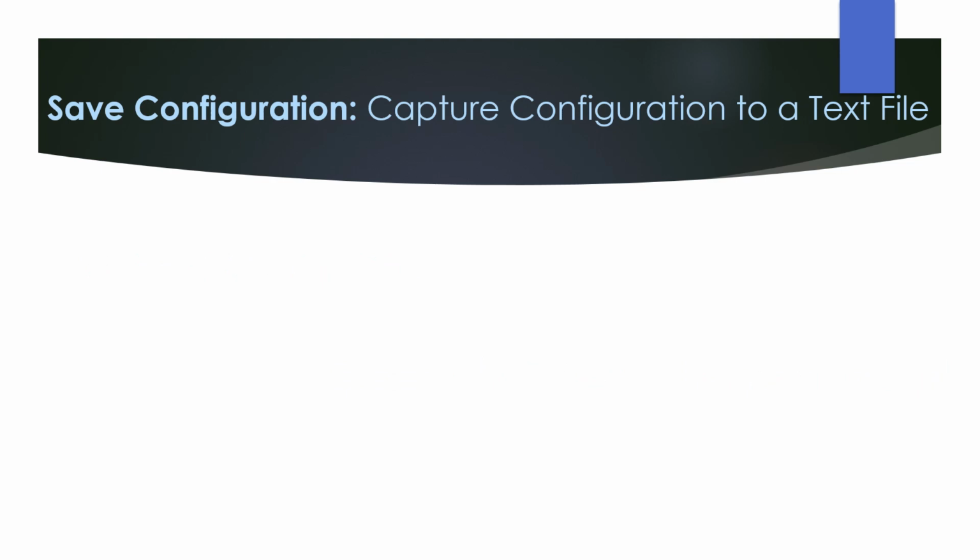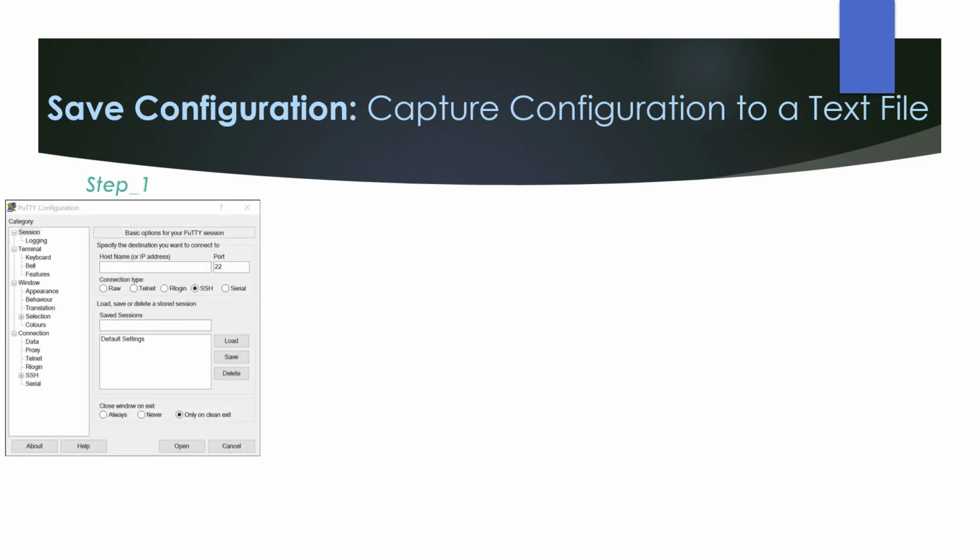So here in this slide, we will use the steps that will ensure that a working copy of the configuration file is available for editing or reuse later. For example, let's assume that we have a switch that has been configured and the running config has been saved on the device.